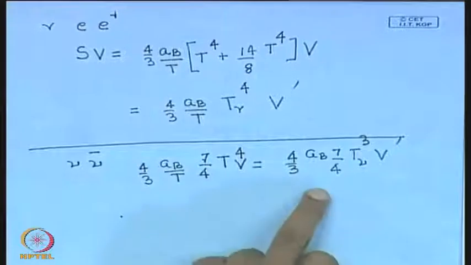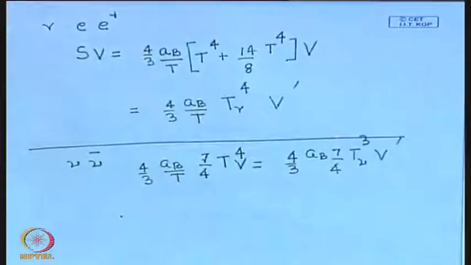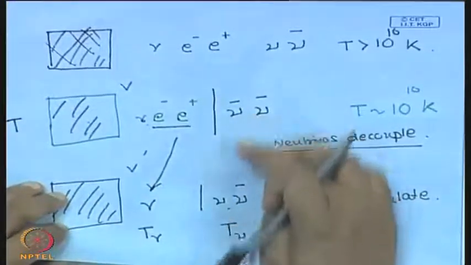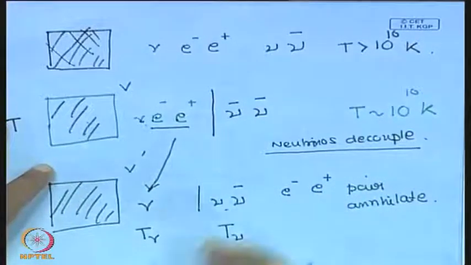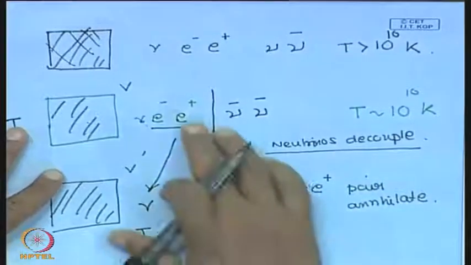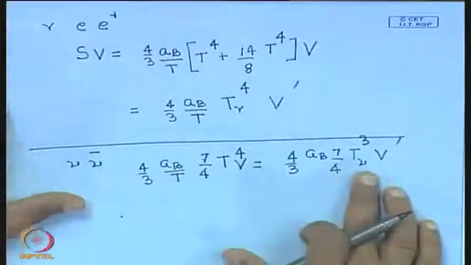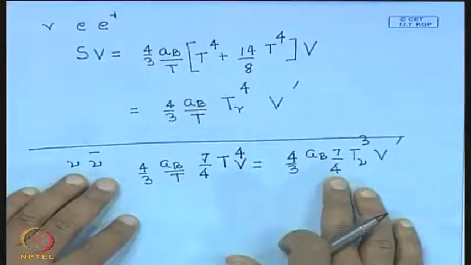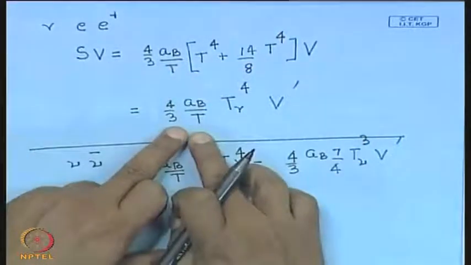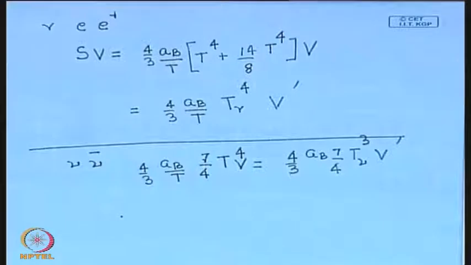The annihilation process does not affect the neutrinos because they are decoupled. They do not know that the electron positron pairs have annihilated. The energy does not get transferred to the neutrinos. So the entropy in the neutrinos is going to be conserved, whereas the entropy in the electron positron pair has gone into the photons. The total entropy is conserved.